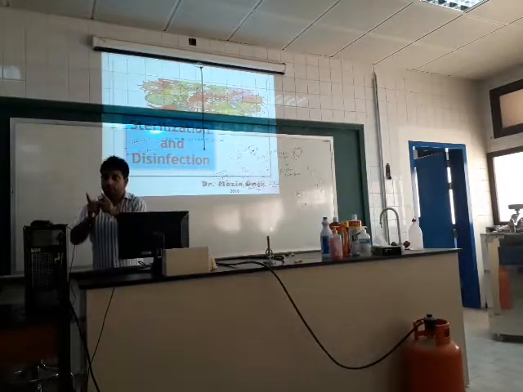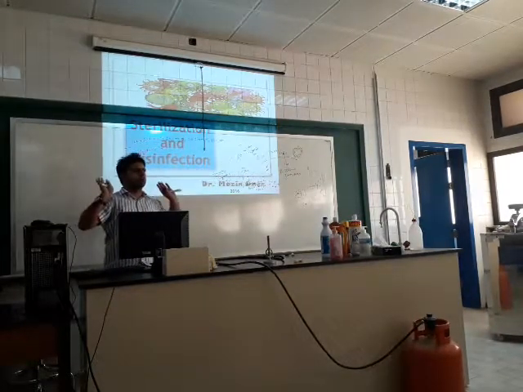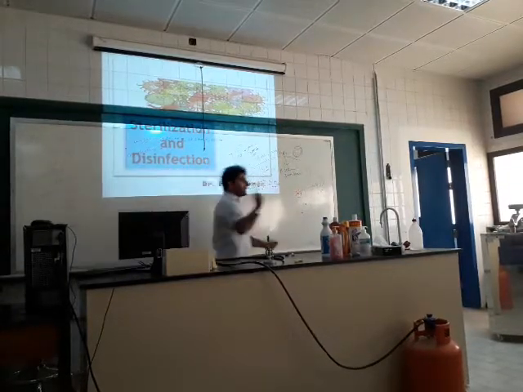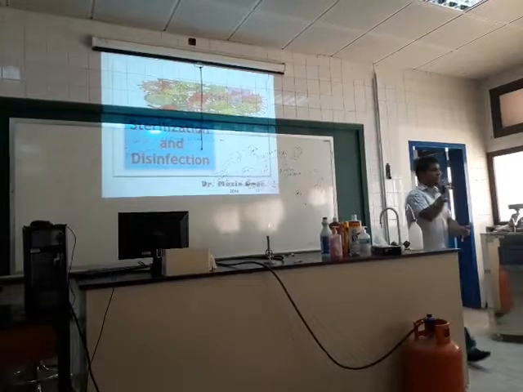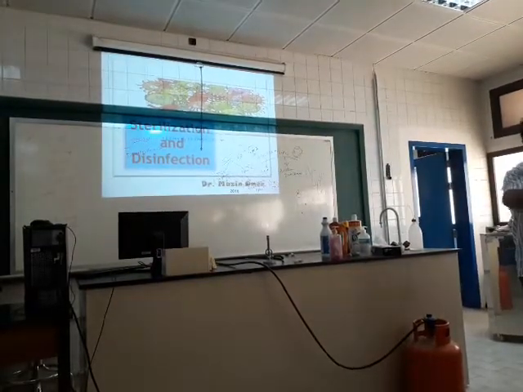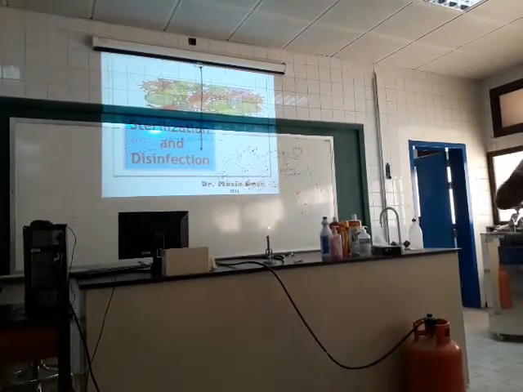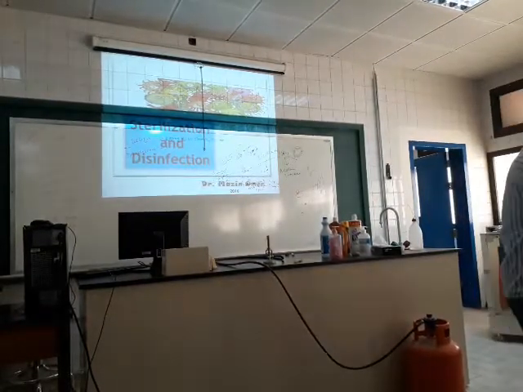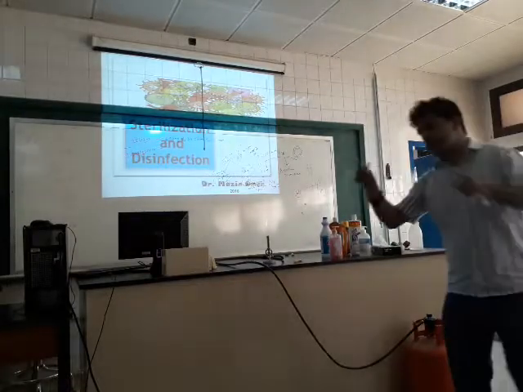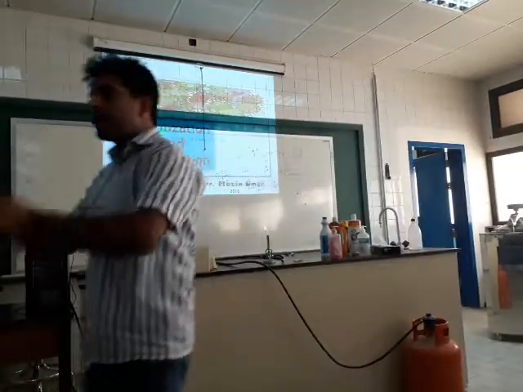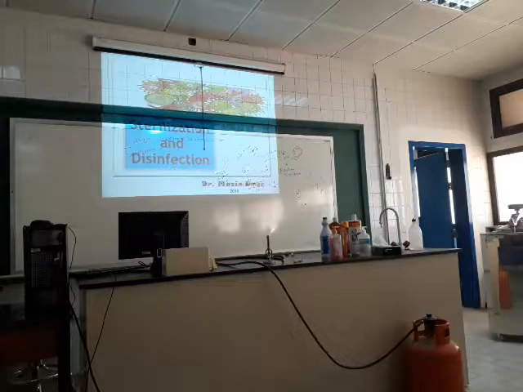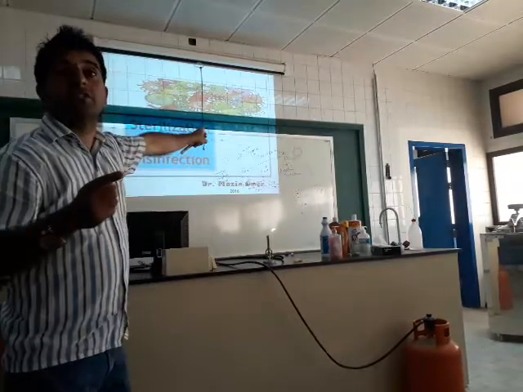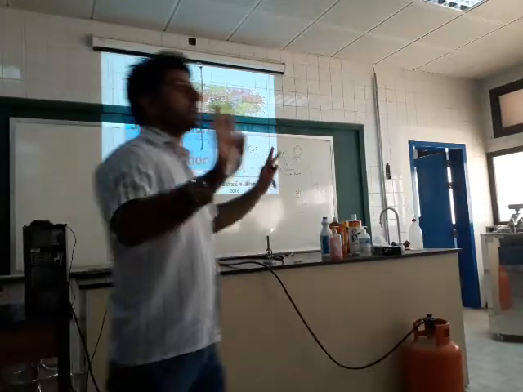Neither spores nor bacteria remain living. You kill them, you remove them by various methods. I will tell you what the methods are. But the definition of sterilization is killing of all forms of life of the pathogenic bacteria, not the human. Remember, remove all forms of life: bacteria, virus, fungi, parasite, even the prion. This is called sterilization. So nothing is remaining.